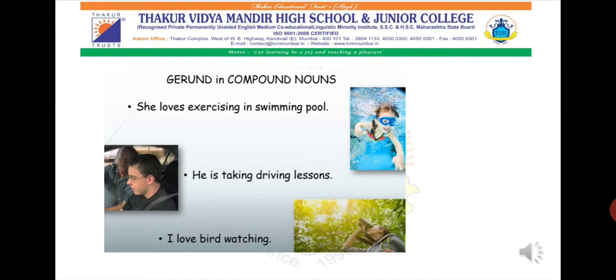We can take an example. If we cut out the noun, that is bird watching, then that sentence is incomplete and makes no sense. Then you can ask the question, what do I love? You will get the answer, bird watching. This way you can identify which one is a gerund. I hope this concept of gerund is clear. Now we shall move ahead to our new topic, that is participle.